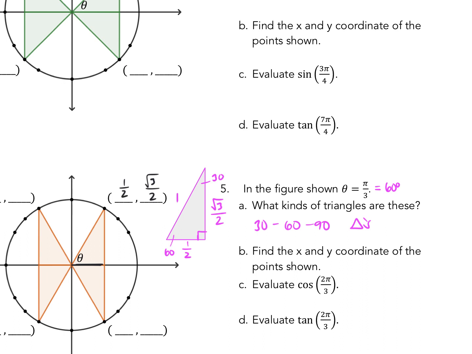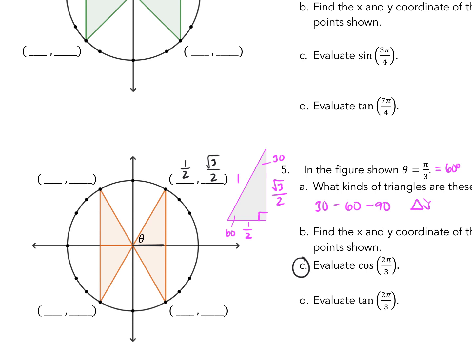I'm going to give you a minute to fill out the rest of those points, changing your positive and negative values where they're supposed to be changed. Then once you get done with that, try letter C out. Try evaluating the cosine of 2 pi over 3. I'm going to throw up the coordinates up here, double check that you have the same answers as me and that I didn't make a mistake. Please and thank you.